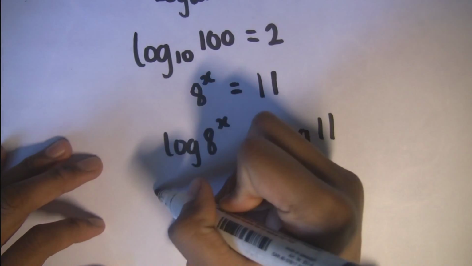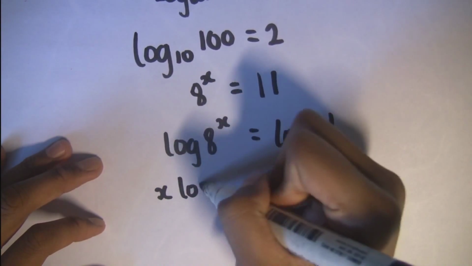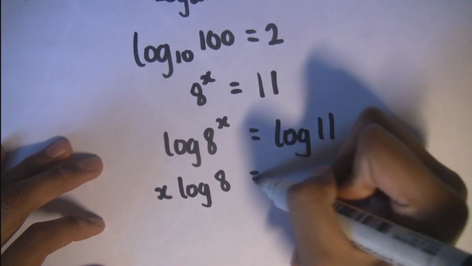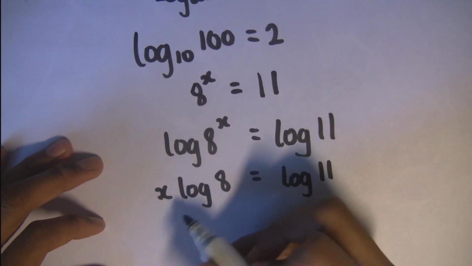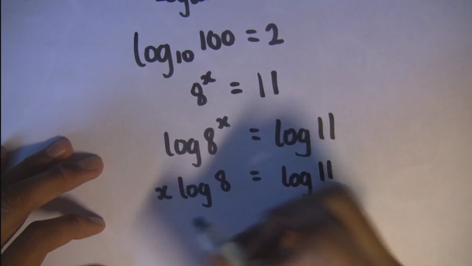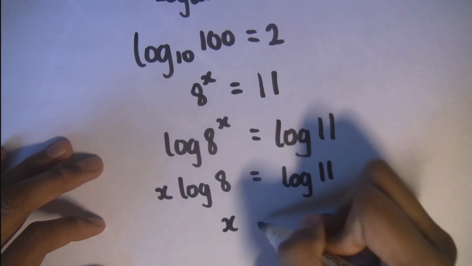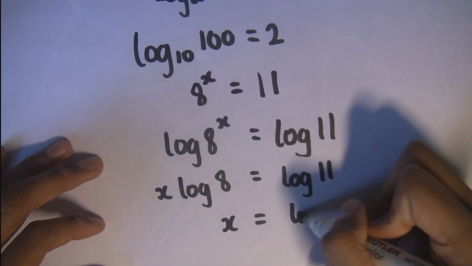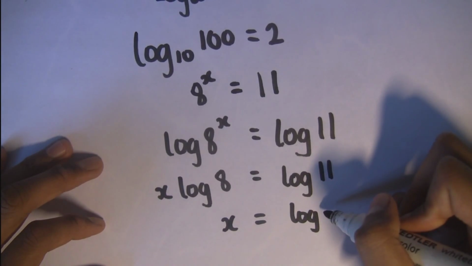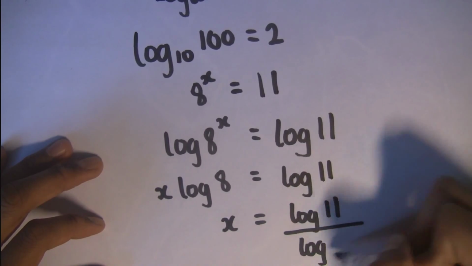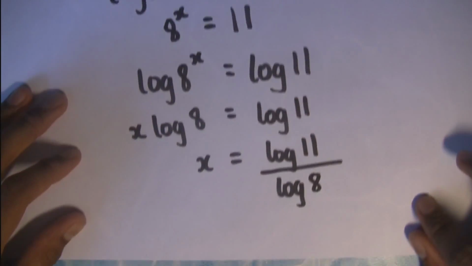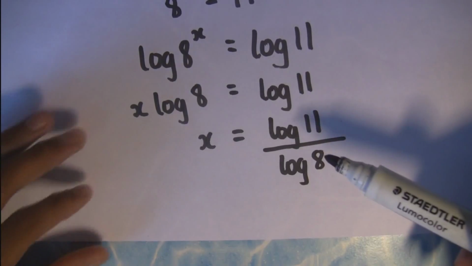So I'm going to write x log 8 equals log 11, and then this is just a number, this is just a number, and then you have the x value. So x equals log 11 over log 8. And that would be your final answer for the value of x.